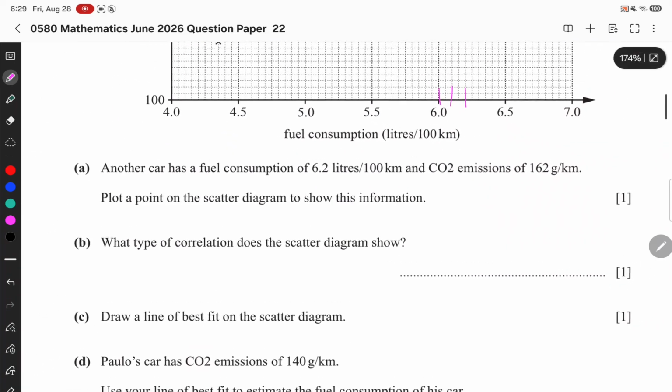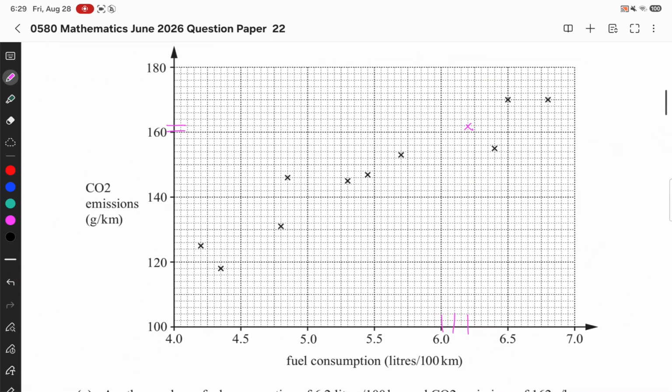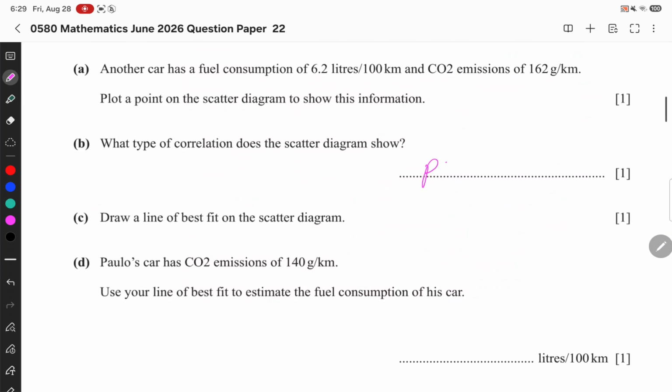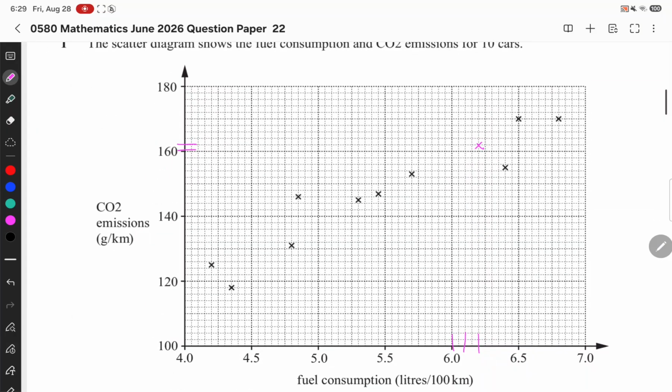What type of correlation does the graph show? You can see it's going upwards, right? So it is a positive correlation. Draw the best line of fit on the scatter diagram. Now, best line of fit is very subjective, so I will just draw what I most possibly can.